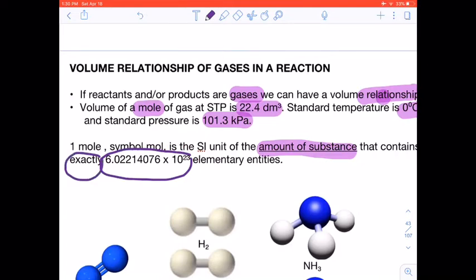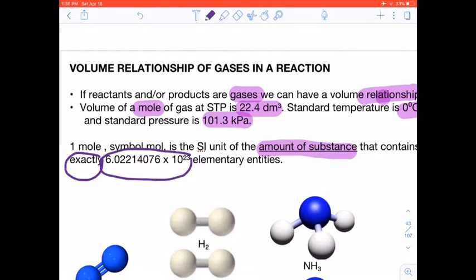Now you'll see your textbook still defines the mole in terms of carbon 12, the carbon 12 isotope. From the 20th of May 2019, the mole has been redefined.